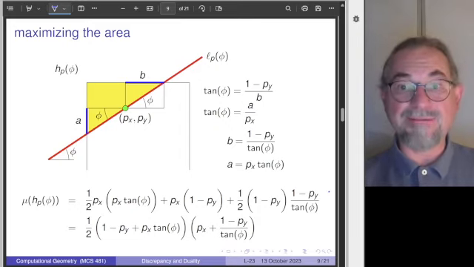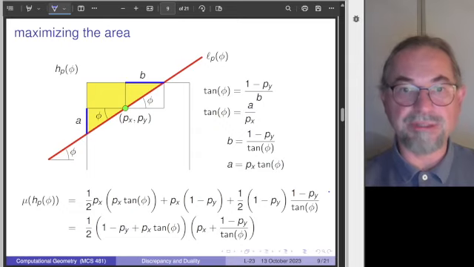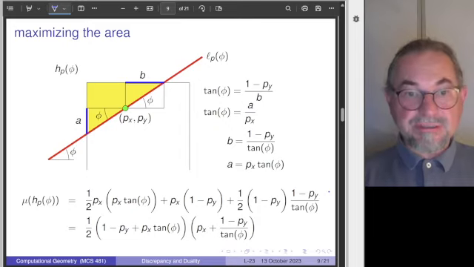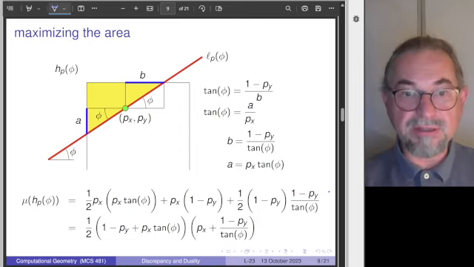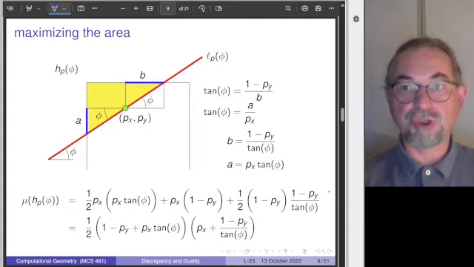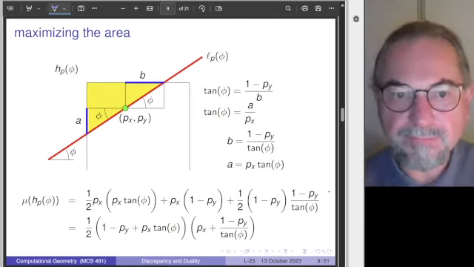We do the same thing for the other triangle, eliminating the b, and then we have the height 1 minus Py, and we take again half because we have a triangle. So this gives us this nice expression in terms of the coordinates of the point and the slope of the line. Good.